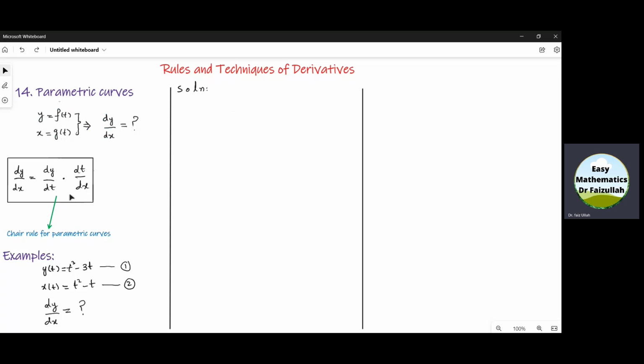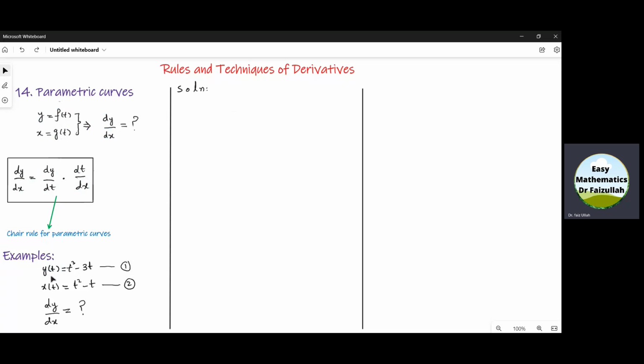Then we shall use this formula to find the value of dy by dx, which is equal to dy over dt into dt over dx. If we cancel dt with dt, we can see both sides are equal. This formula or this rule is called chain rule for parametric curves. Let us solve some example to explain the method.